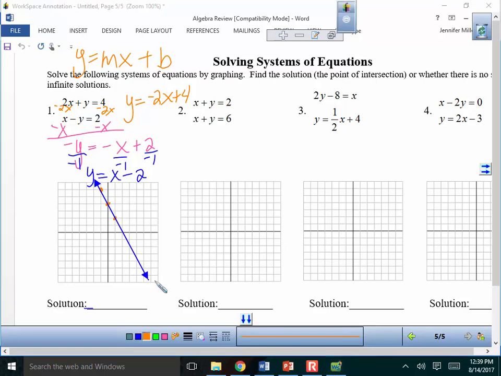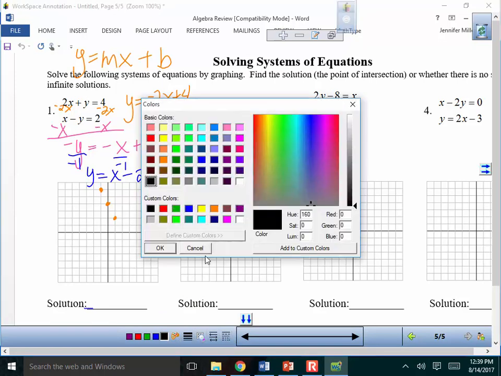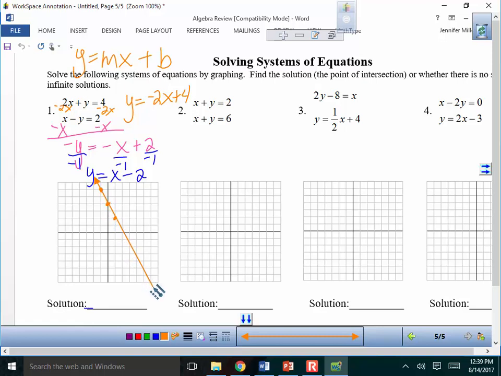All right, the next line, let me do that in orange instead. Okay, the next one, we will graph the blue one. So we start at negative 2, and then we go up 1 over 1, up 1 over 1. Am I doing this right? I can't see.